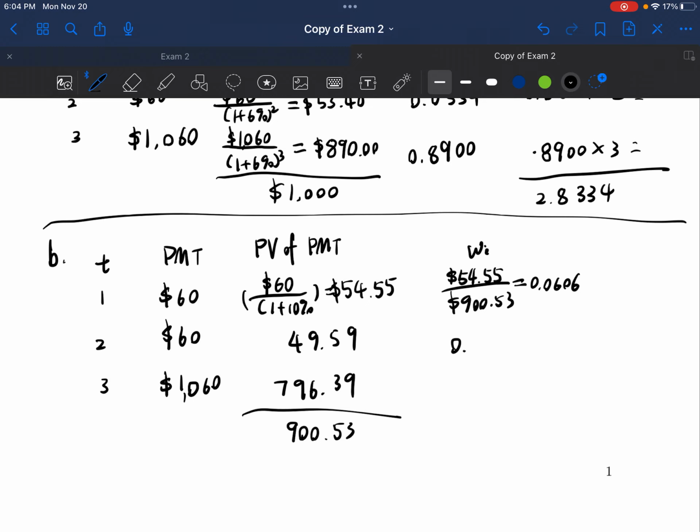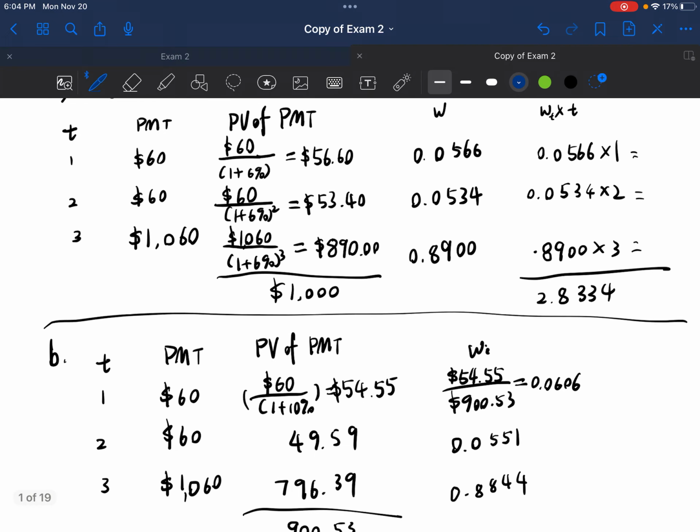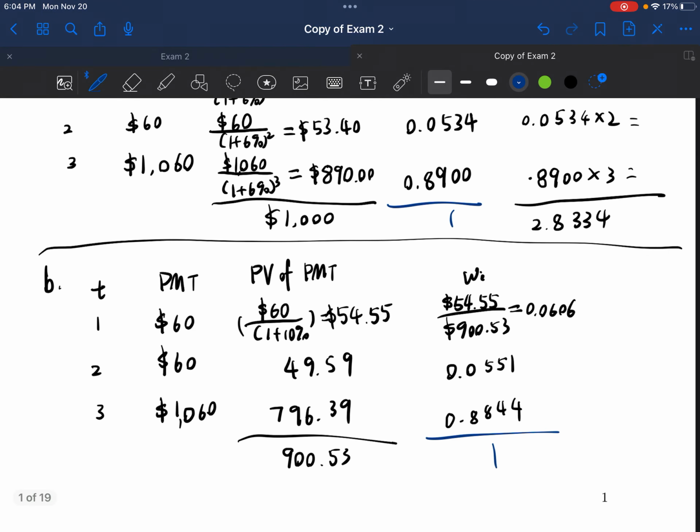Next one, you do the same thing. 49.59 over 900.53. That gives us 0.0551. Next one gives us 0.8844. If you notice, the weights should add up to 1 if you add them together. It should equal 1.